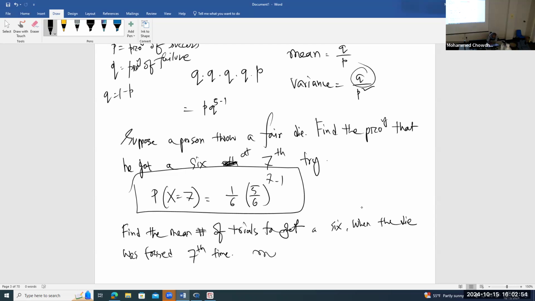What should I do? Mean equals Q over P. Q equals 5/6, P equals 1/6. On average, 5 times you have to throw the die. This average means in the long term. The first time you can get it at the 8th try, the second time at the second try, the third time in the 5th try, the fourth time in the first try. It is a long run, average situation.